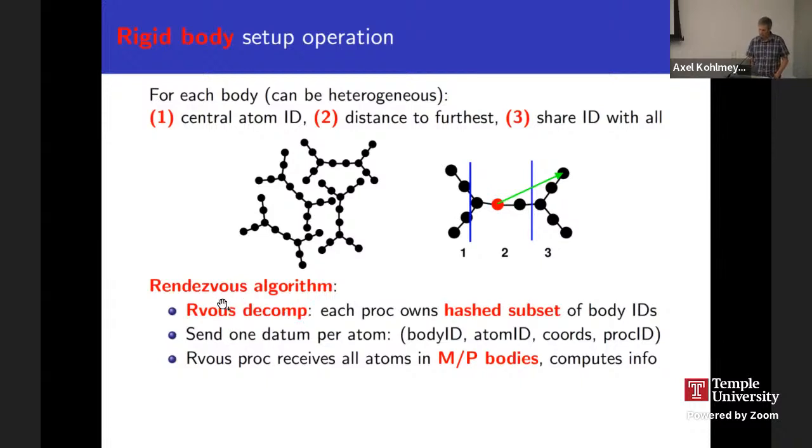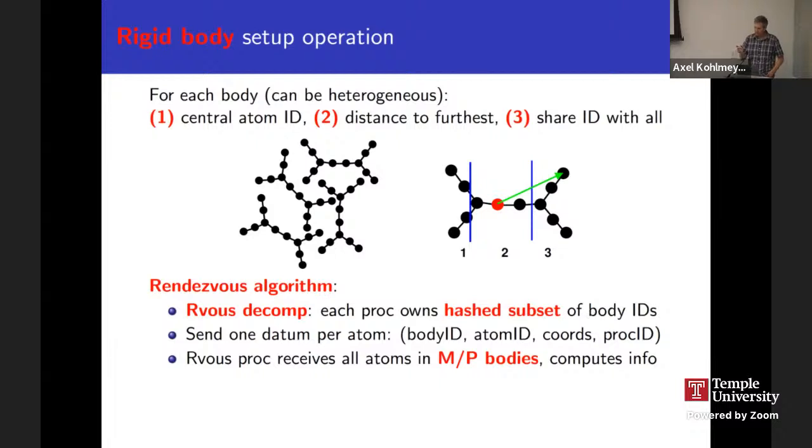What we're going to use as a rendezvous decomposition is a set of body IDs. If we have 1 million molecules, those could be numbers from 1 to 1 million, or they could be more random than that. Maybe the body is numbered by one of the atoms in it, and so the numbers go up to 2 billion or something like that. But each processor is going to own a hashed subset of body IDs.